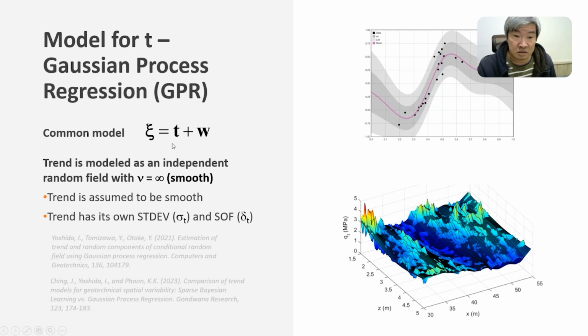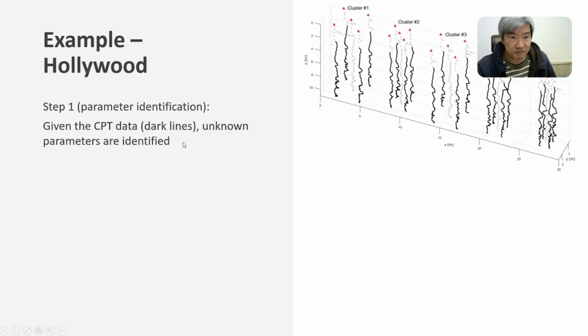And the trend function can be one-dimensional if you have just one CPT. If you talk about lots of CPTs in three-dimensional underground space, then this trend function is three-dimensional.